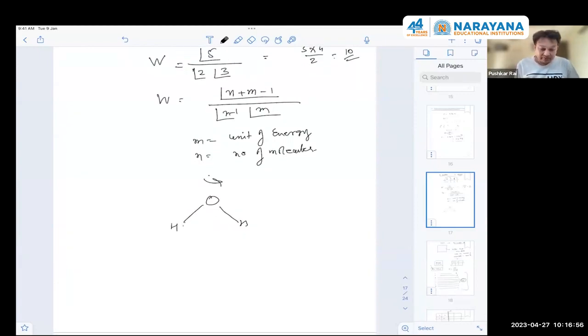It can rotate. So if it can exchange its position, these two hydrogens can exchange their position at 0 Kelvin. So that corresponds to what? Two configurations. So even in ice, there is some residual entropy. So even the crystal of ice is not perfect even at 0 Kelvin.